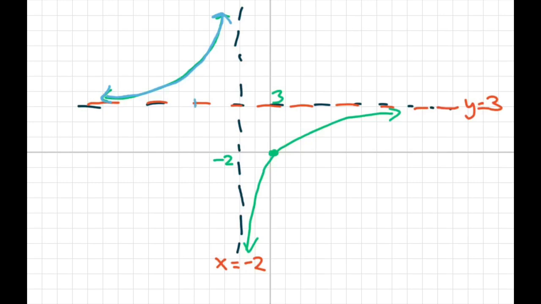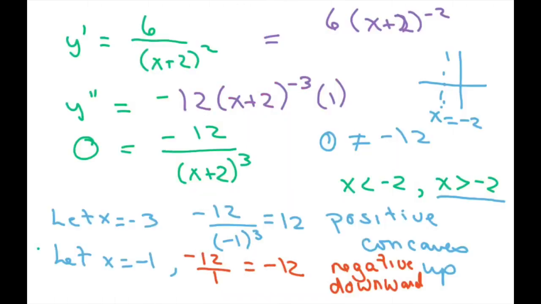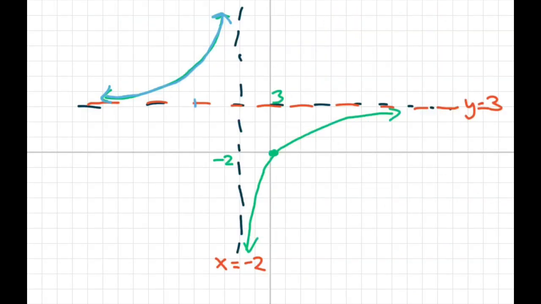We knew that negative 3 went to positive 12. And we tried negative 1, and that was downward, so that means it's concave downward here. All right, so it concaves this way.